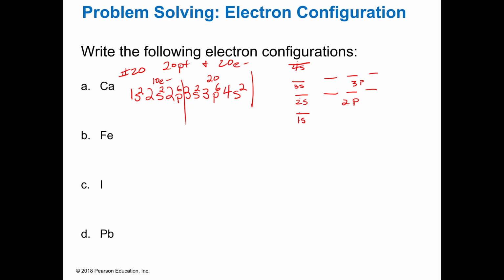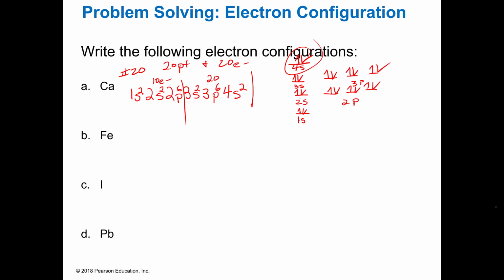You can do them all level together. So that'd be 2 in that one, 2 in that one, 1, 2, 3, 4, 5, 6 in that one, and then 1, and then there's your 20 electrons with your 4s up there. Okay? All right, let's do iron.